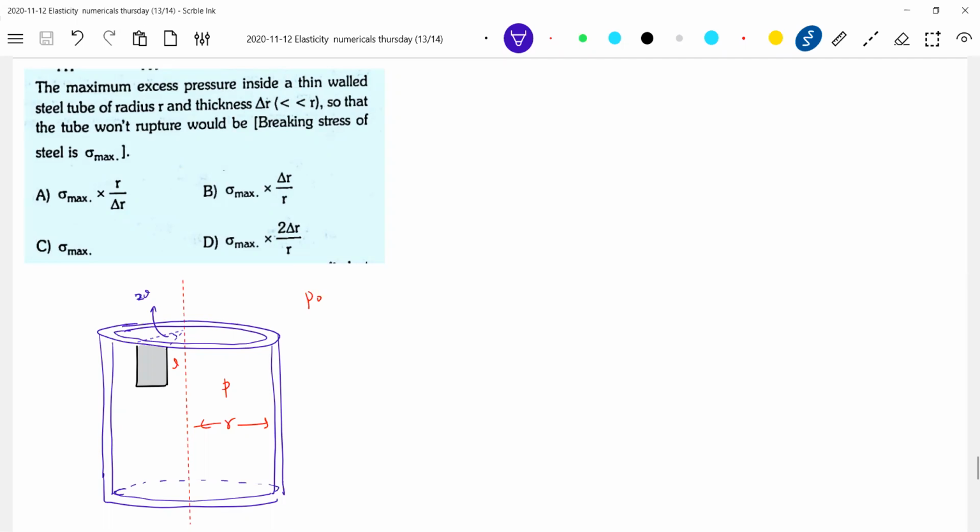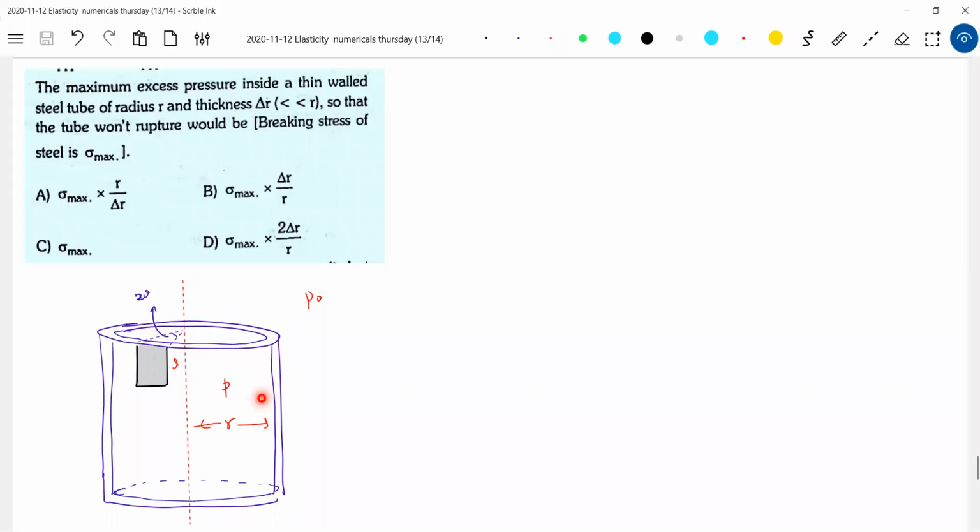If you are getting confused, just imagine that there's a cylinder filled with a liquid. Tell me what the liquid will do. It will exert force normally, or better say radially outward. And because of that, the tube wants to expand, no?